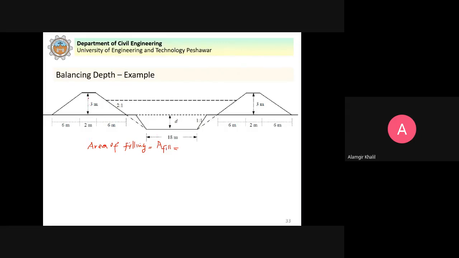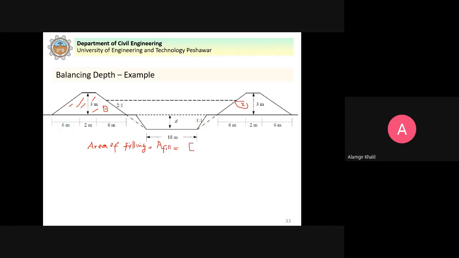You can see here that this is the filling here. This is the first area, and this is the second area. The dimensions are the same. If we can calculate the area of one trapezoid, we can simply multiply by 2 to get the total area for filling.